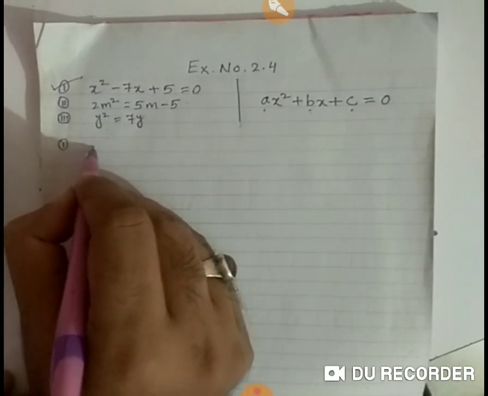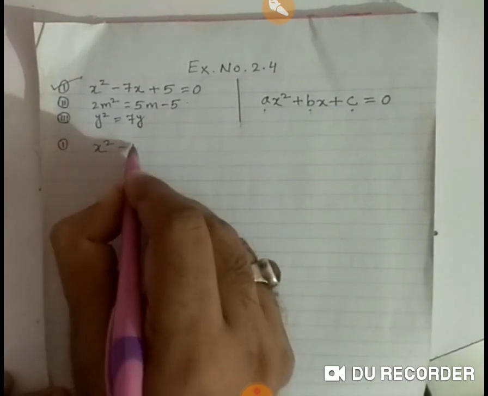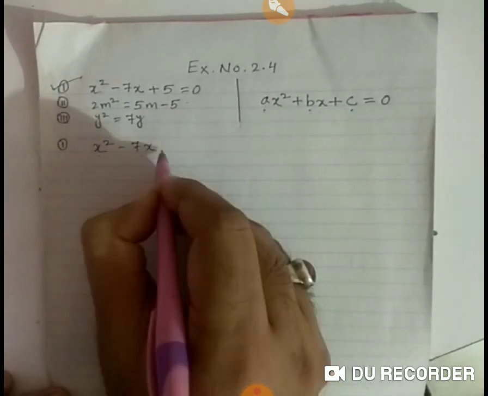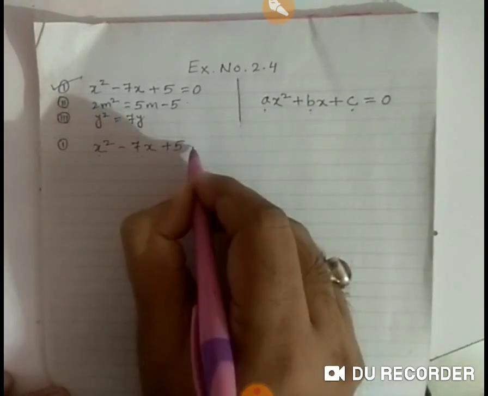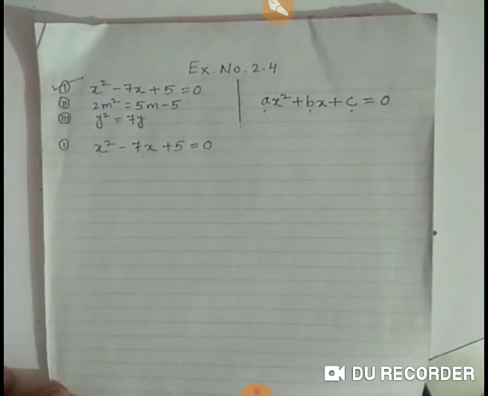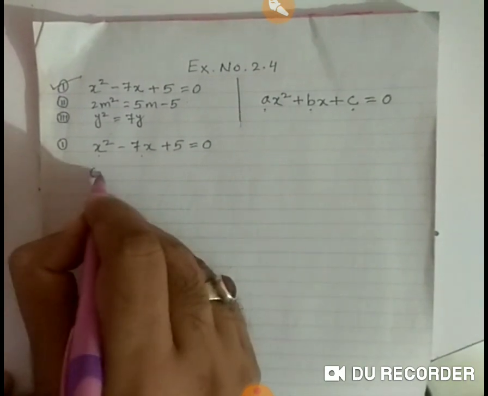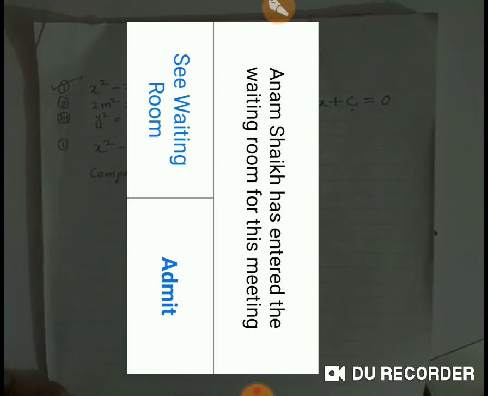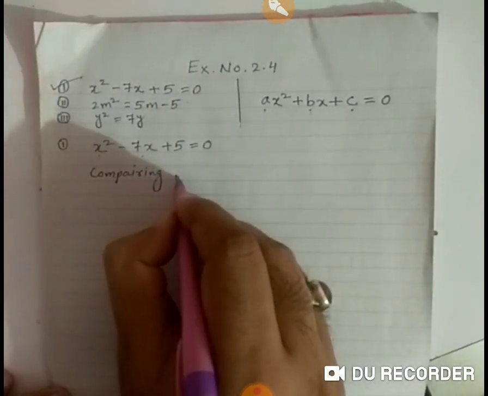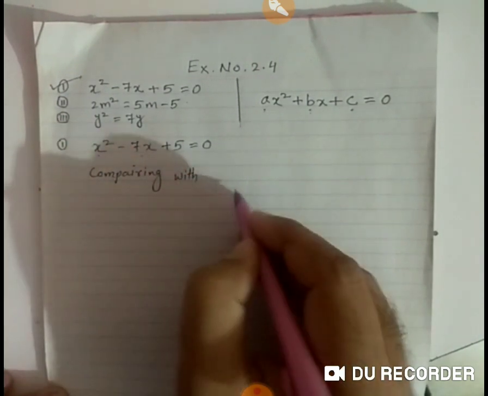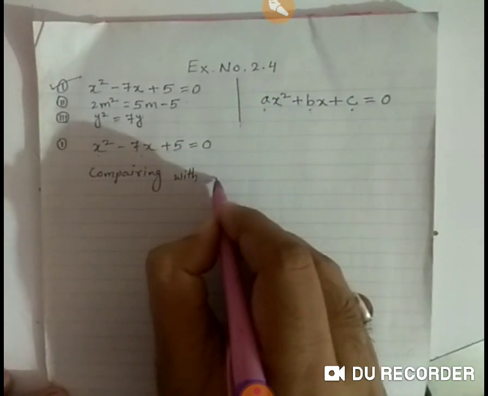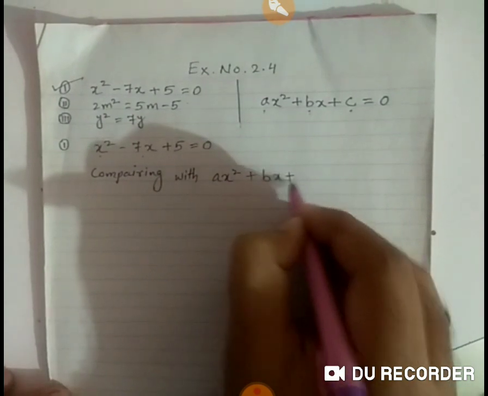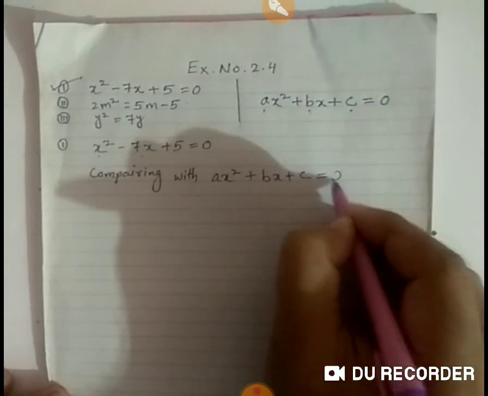So here your equation number 1, x square minus 7x plus 5 equals to 0, comparing with ax square plus bx plus c equals to 0.